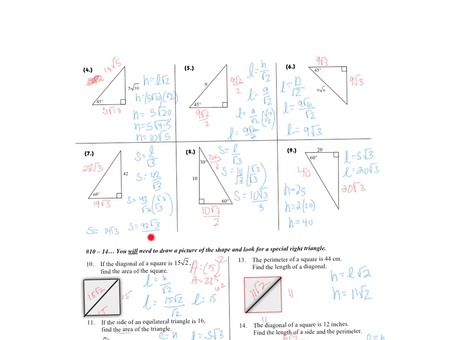We can then take 42 and divide it by 3, and that is going to give us 14 times the square root of 3, which is our short side. To find our hypotenuse, all we need to do is take this 14 times the square root of 3, multiply it by 2, and that's how we get the 28 times the square root of 3.